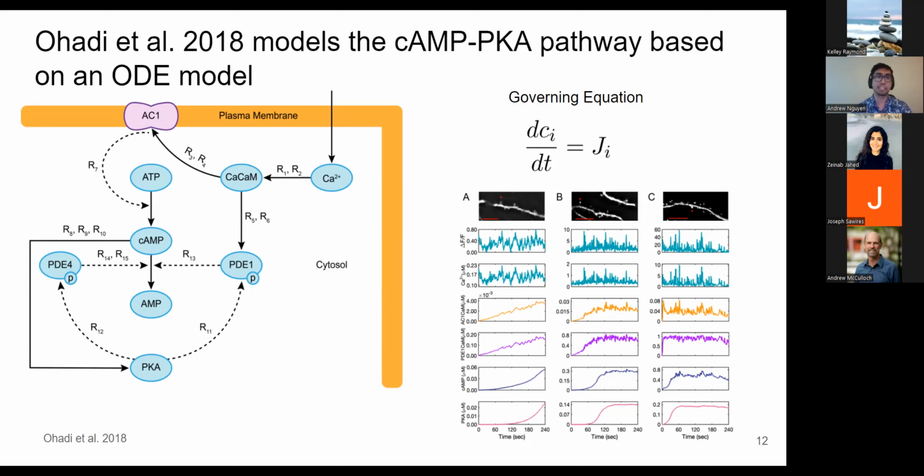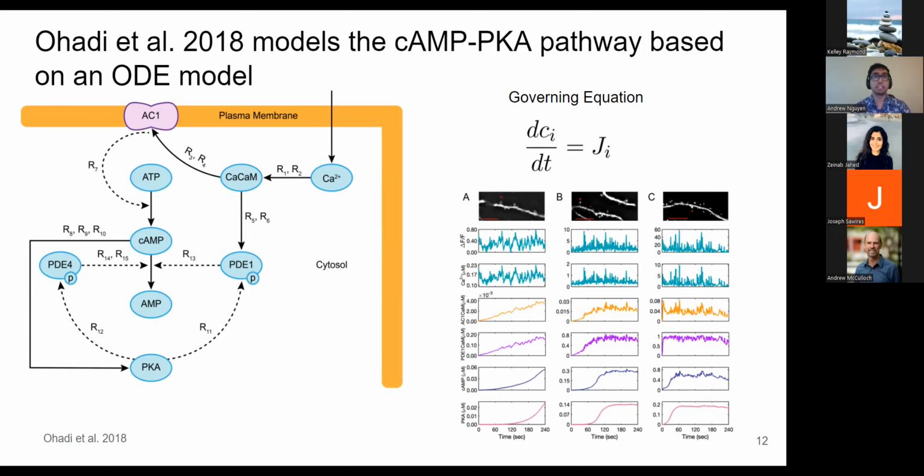So in other words, that means that this coupling of cyclic AMP and PKA is a leaky integrator of these calcium dynamics, which essentially this work had shed light on kinetic mechanisms for robustness of the cyclic AMP and PKA responses in dendritic spines.